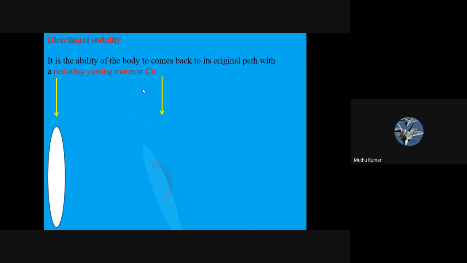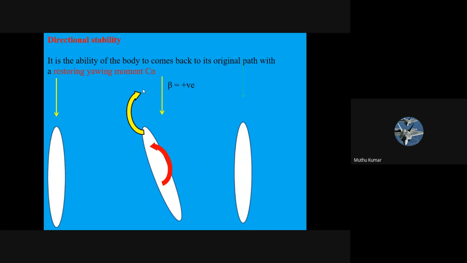My airflow is still straight, but due to some disturbance, I have a negative yawing moment and positive beta. I should be able to get this restoring moment, in yellow color, so that my aircraft can come back to its original position. The disturbing moment was negative, so the restoring moment has to be positive. So who is going to produce this restoring positive moment? So this is the disturbance and that is the restoration.